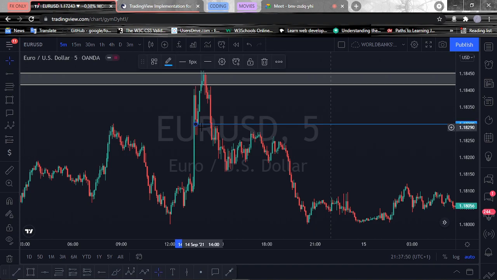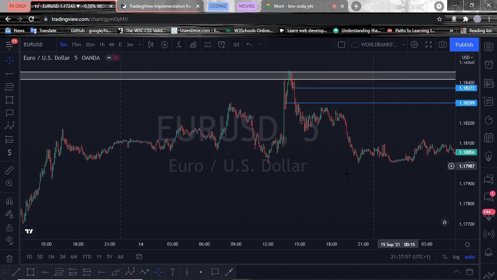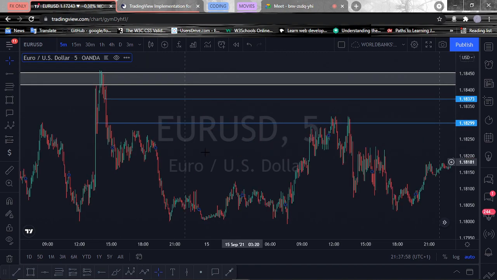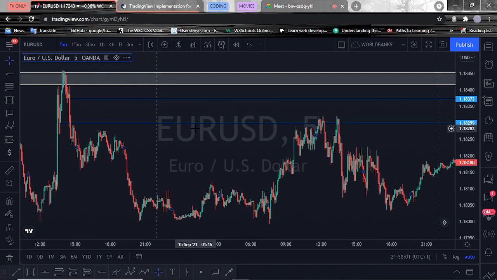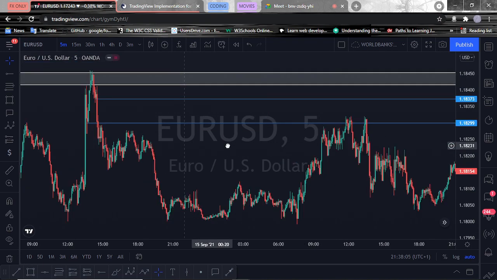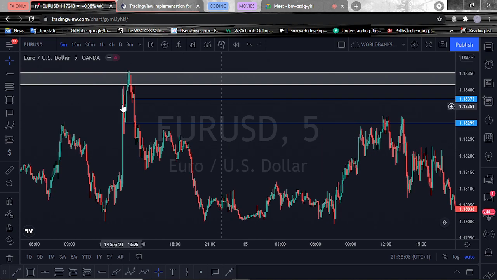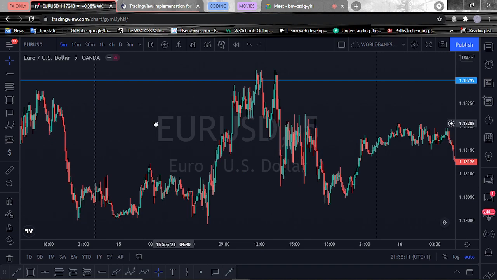So this is the break of structure here. Order block that formed before the break of structure. Let's see if the market mitigated our order block. Okay, you see the market didn't mitigate the order block, but it did retest the previous low. The previous higher low, higher high, higher low, the previous low. Yeah, the market didn't mitigate the zone.